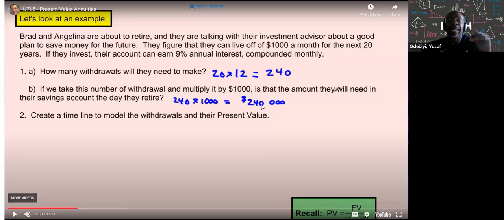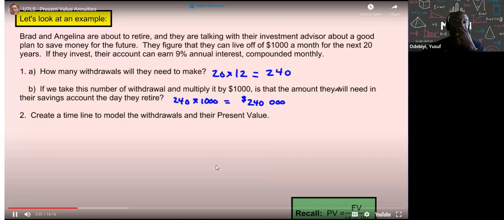I probably need less, because the interest will grow on the money that's in my account in order for me to take out the $1,000 per month. So I'm going to need less than $240,000. Because I'm going to have interest on the money in my account, so that when I take out $1,000, it'll maybe go up a little bit because I have 9% interest. Okay.